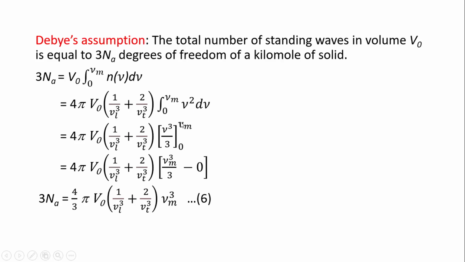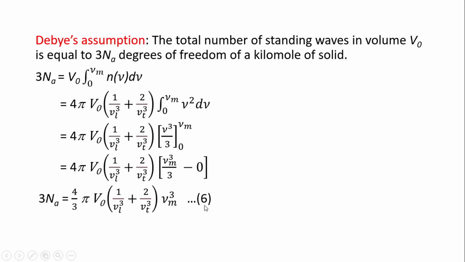The integration of nu square is nu cube by 3, and after putting in the upper and lower limits, we get nu m cube by 3. In this way we have the expression given by equation 6: 3 Na equal to 4 by 3 pi V0 times nu m cube.